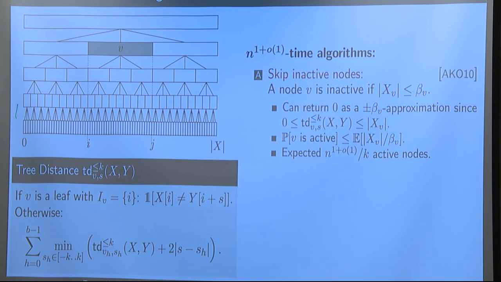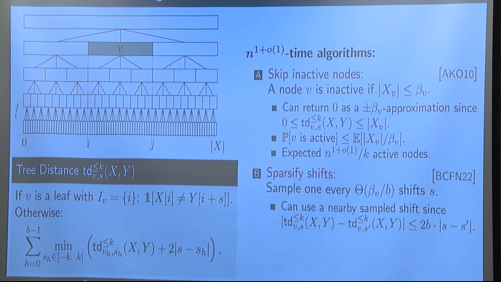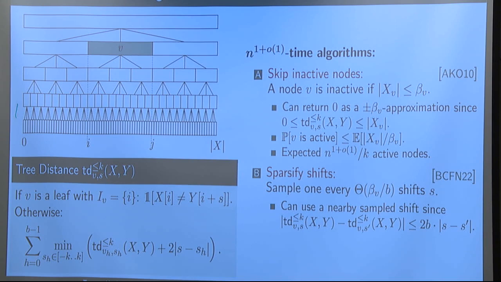For the dynamic one, we need an additional trick. Namely, instead of skipping these nodes which are inactive, we can instead sample or sparsify the set of shifts. Since the edit distance between xv and yvs is very similar to the distance between xv and yvs plus 1, we don't need to compute these tree distances for every shift, but roughly for every beta v shifts.